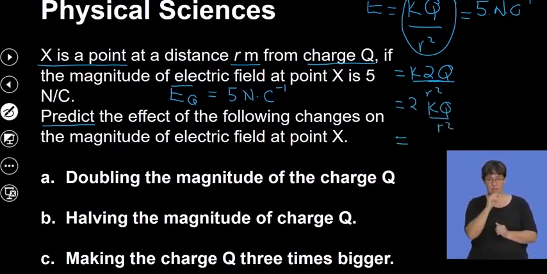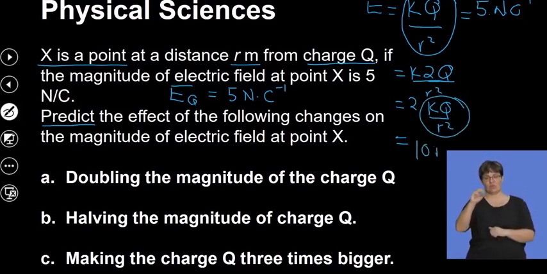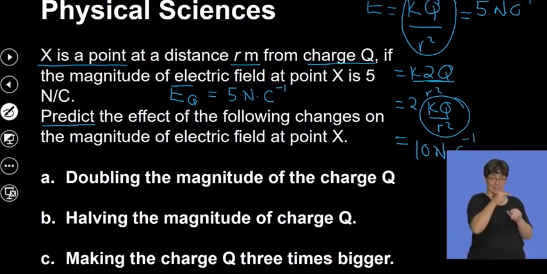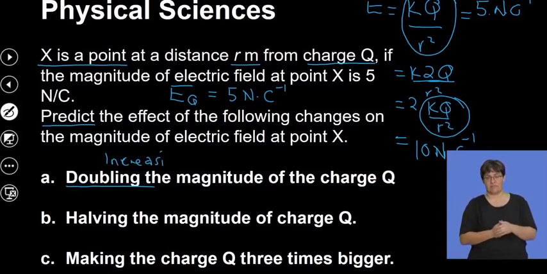So this is like 2KQ over R squared. So this is double 5 newtons per coulomb, which is equal to 10 newtons per coulomb in terms of magnitude. So a bigger magnitude of charge at the same point will have a stronger electric field at the same point, right? That's exactly what we're talking about.